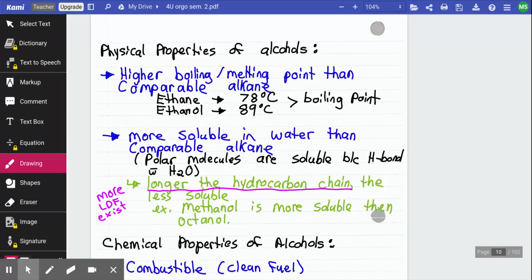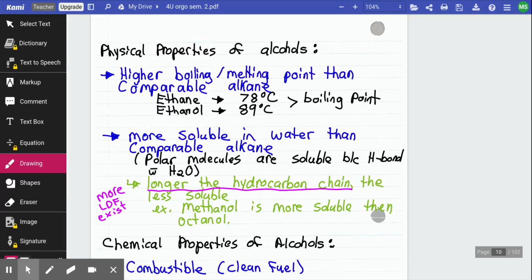So methanol is going to be more soluble than octanol. And that has to do with the fact that it's a lot more non-polar, and because there are more London dispersion forces existing between longer chains than shorter chains. And I'll try to find a video on this for you.